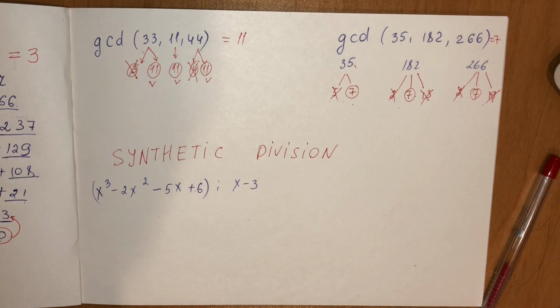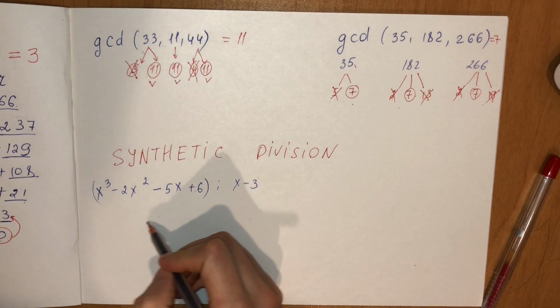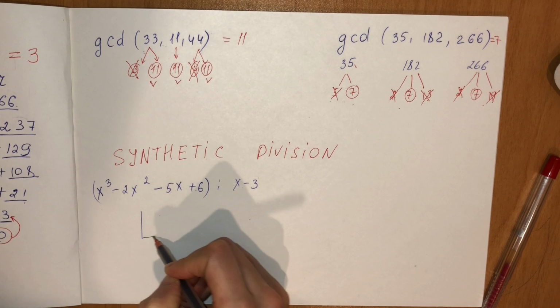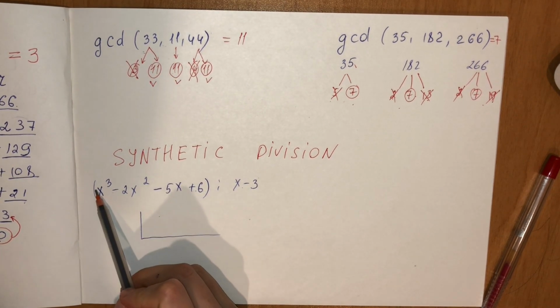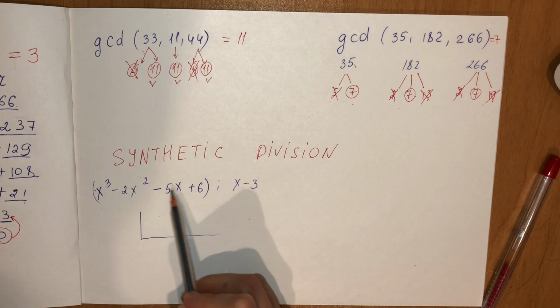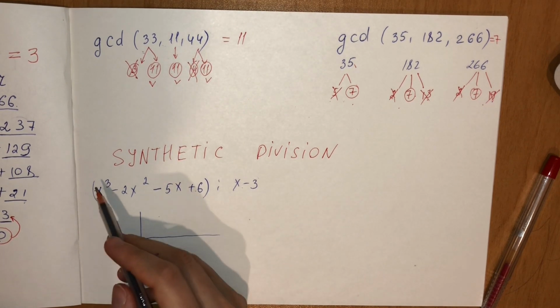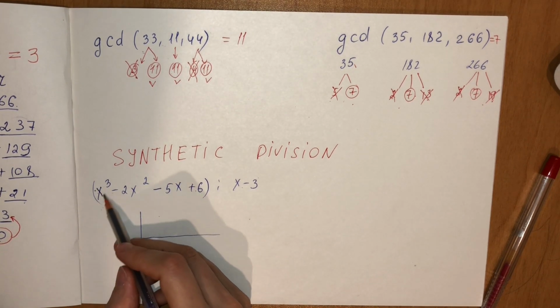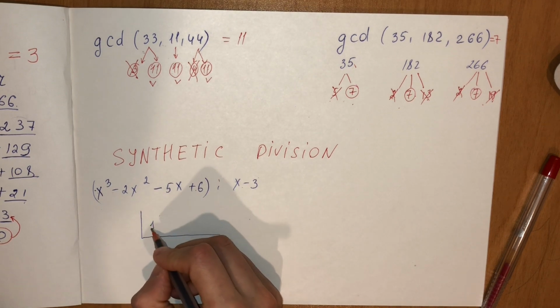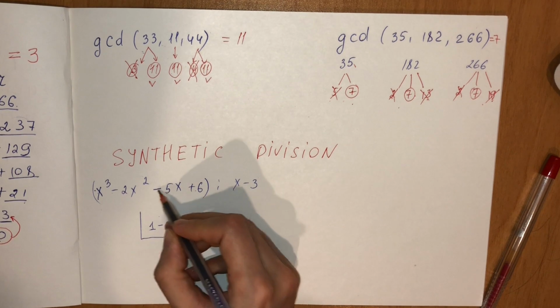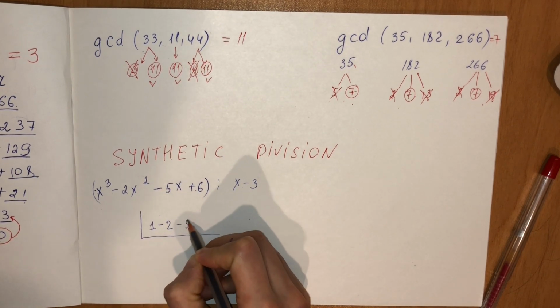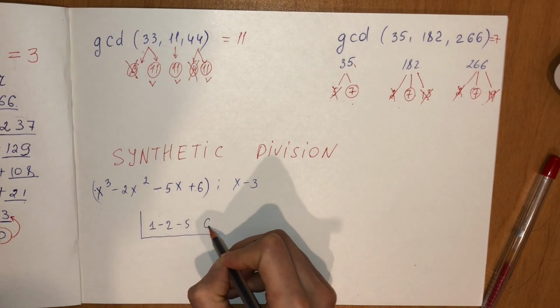So what should we do here? Let me write. Put here the coefficients of the numerator. They are: the coefficient of x cubed is 1, then minus 2, minus 5, and 6.